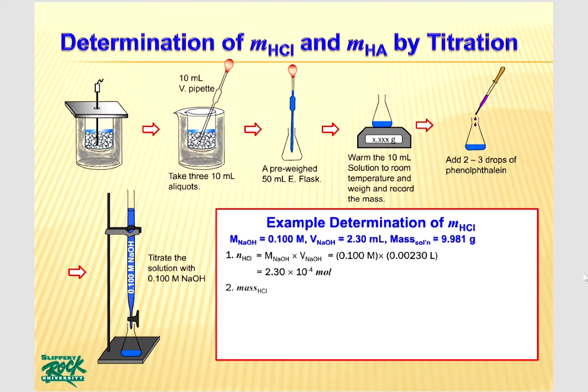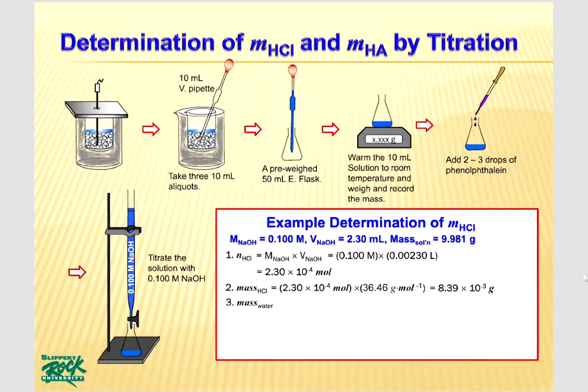The mass of HCl is the moles of HCl times the molar mass of HCl, which is 2.30 times 10 to the negative 4th moles times 36.46 grams per mole, and it is 8.39 times 10 to the negative 3rd grams.